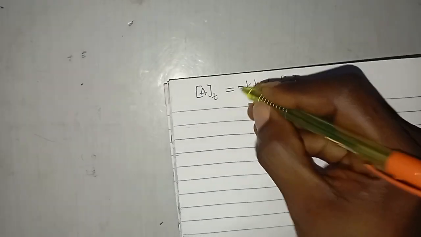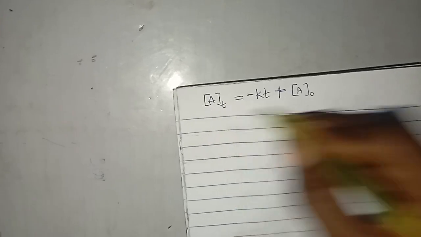So this one is carrying negative. Then this is for zero order.